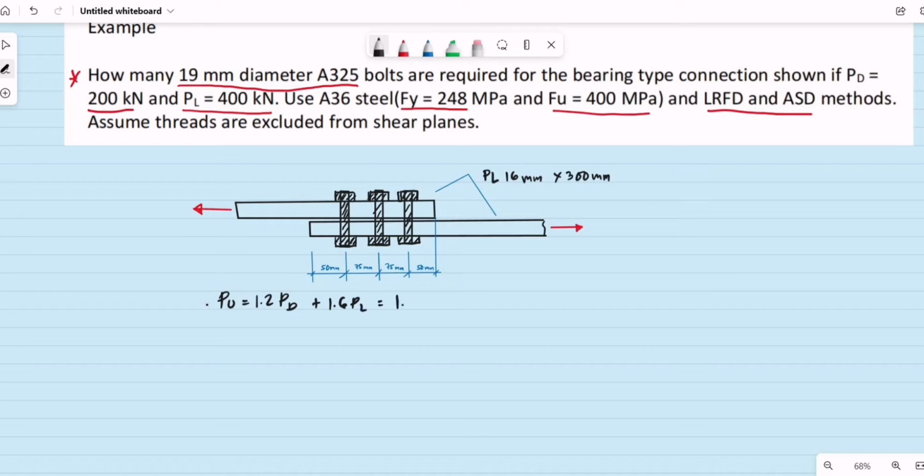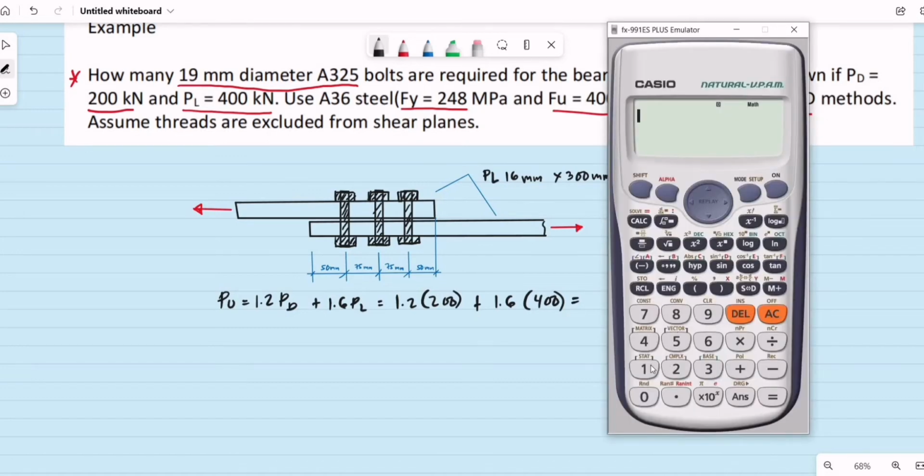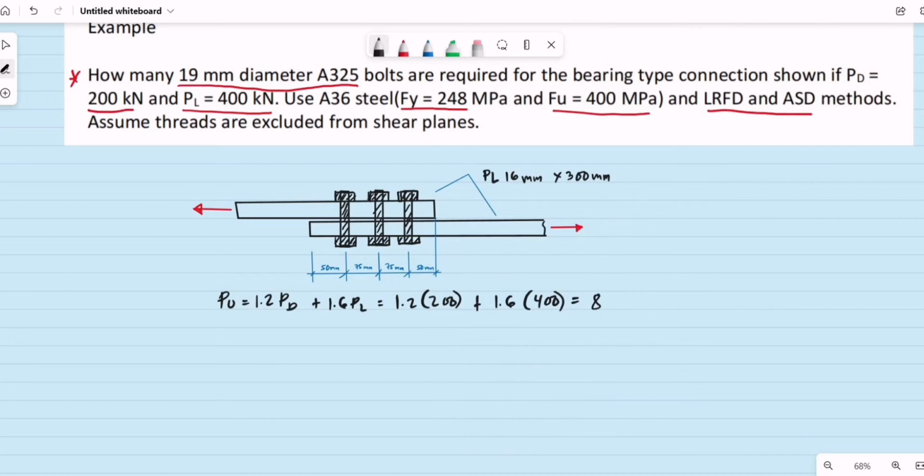That is equal to 1.2 of 200 kilonewtons plus 1.6 of 400 kilonewtons. Okay, so we have 880 kilonewtons. So this is obviously for the LRFD.